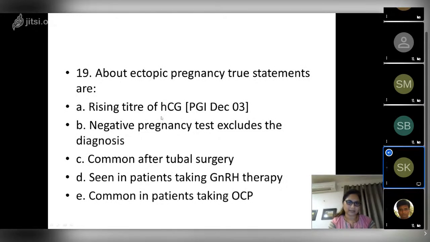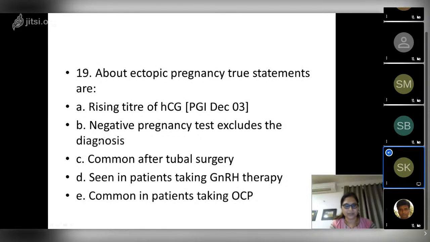So this actually is the right answer, because to some extent, until the ectopic ruptures, the HCG titers will be rising, though not up to the level found in normal pregnancy, but definitely there will be a rising trend in the beta HCG levels. So this statement is correct in case of ectopic pregnancy. Remember, the rising trend will not be as in normal pregnancy, that is doubling every 48 hours, but there will be a rising trend of beta HCG.